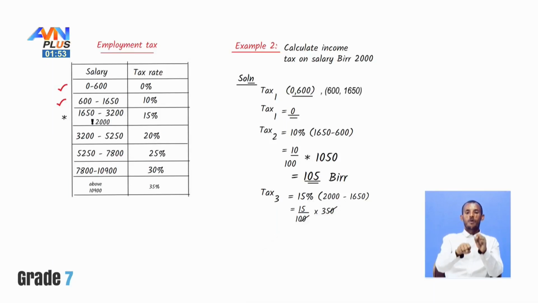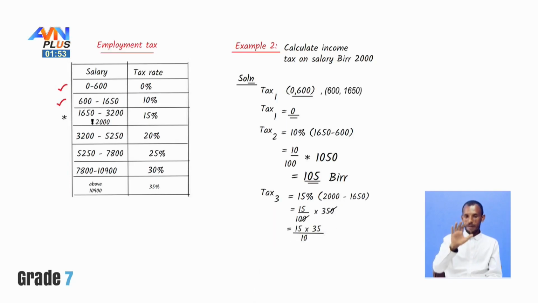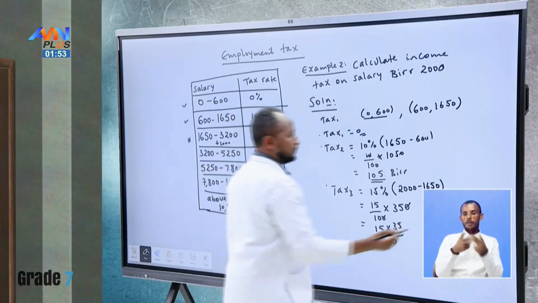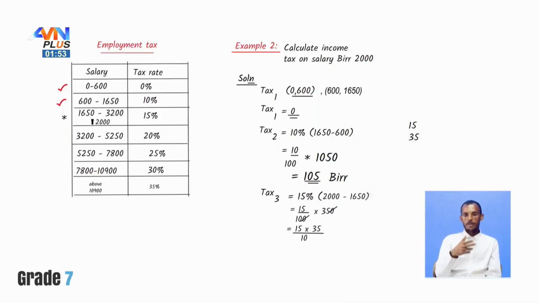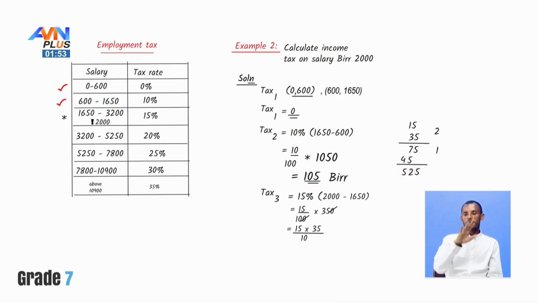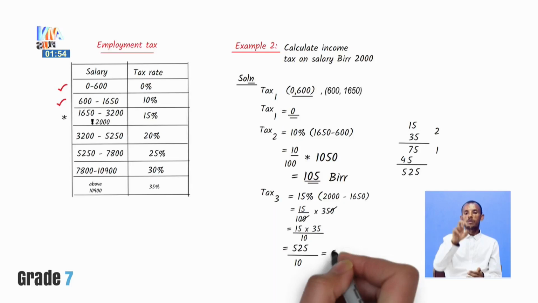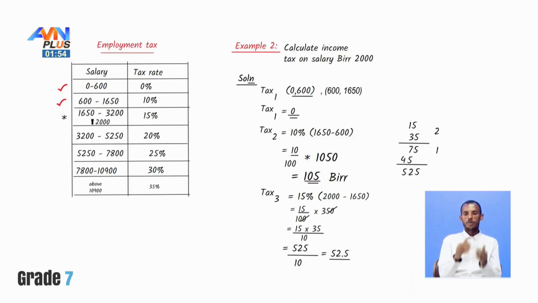So cancel 0 by 0 and you have 15 times 35 divided by 10. Let's multiply these two. 5 times 5 is 25. 5 times 1 is 5 plus 2, 7. 3 times 5 is 15. 3 times 1 is 3 plus 1, 4. So this will be 525 over 10, and this gives us 52.5.